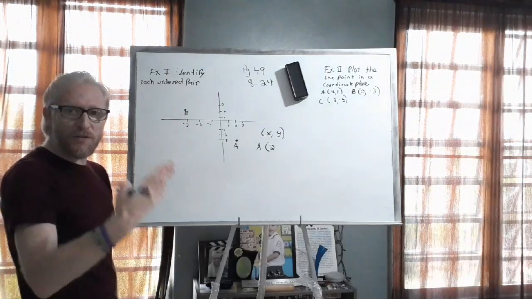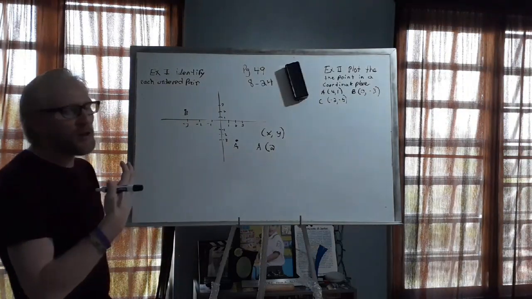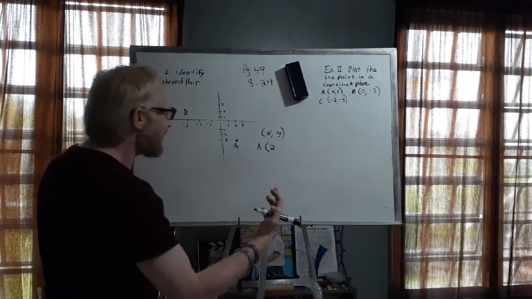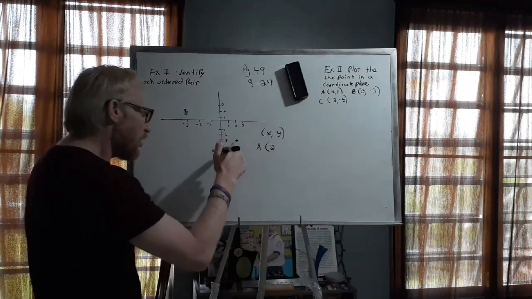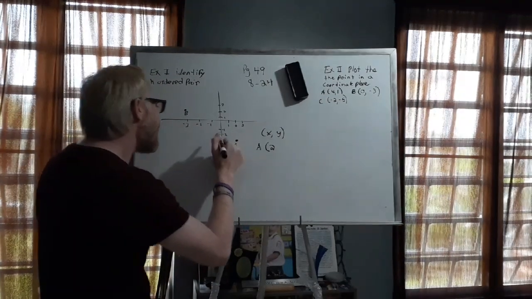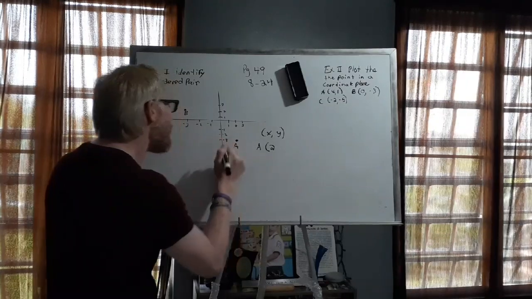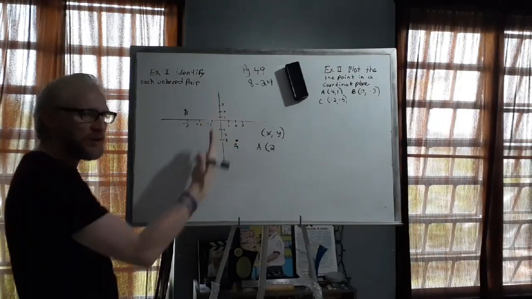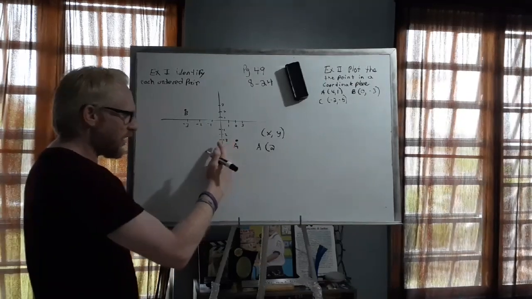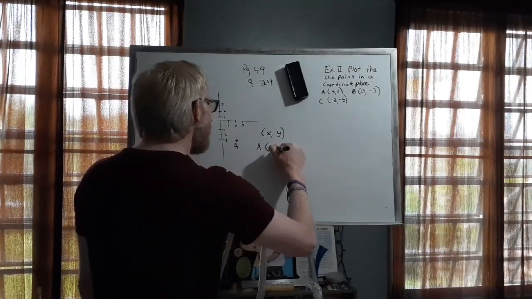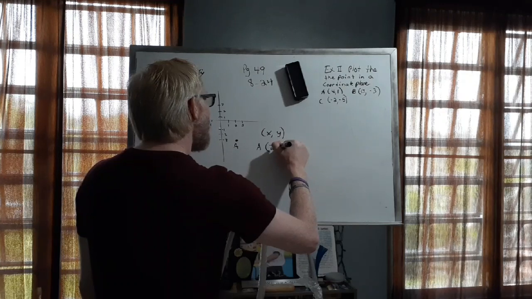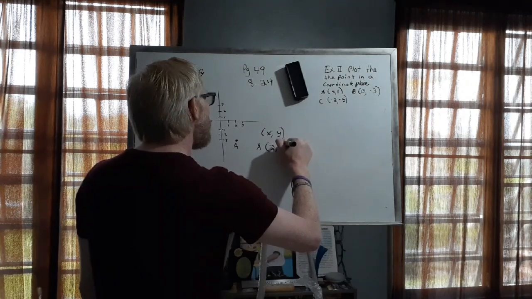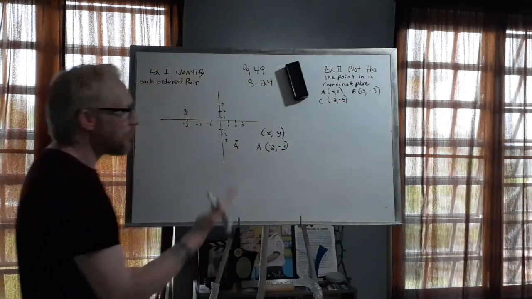Now, in order for me to find the y-coordinate, I'm going to look at what number A is next to. Point A is actually next to -3, because remember that all the numbers in the vertical line going downward are negative. So A is next to negative 3. That means that the ordered pair that represents A is positive 2, negative 3.